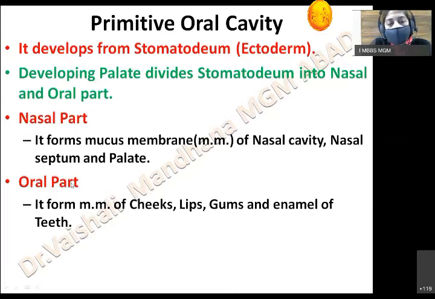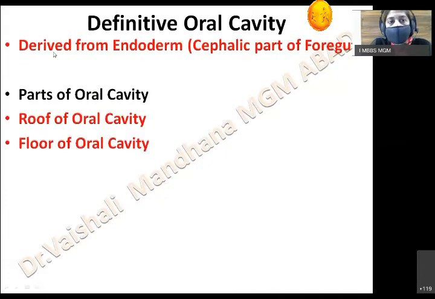The walls are lined by the ectoderm, and whatever contents are there, that is tongue, base of the oral cavity, they are formed by the endoderm. So the definitive oral cavity is derived from the cephalic part of the foregut. So that means it is endodermal in origin.